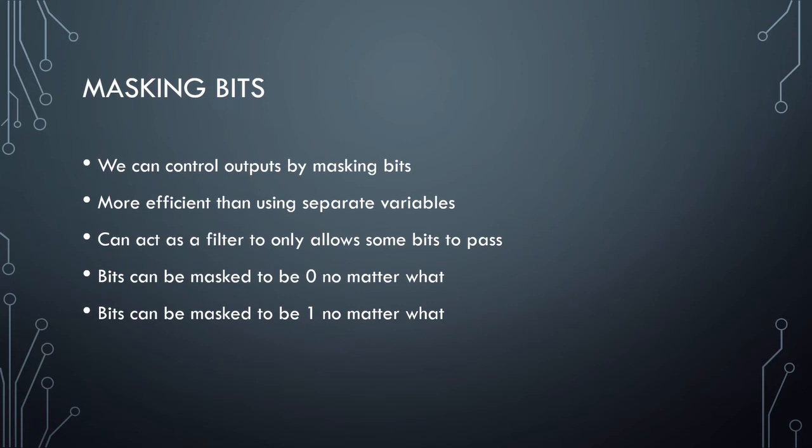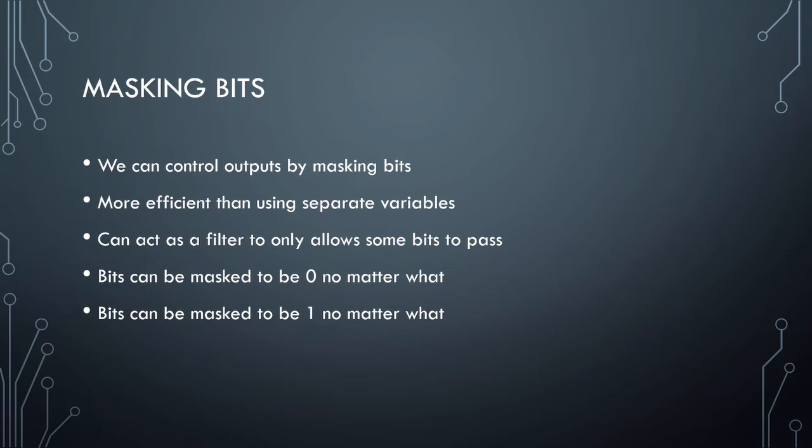We can use these logic operations performed on our different registers to mask or control different outputs. So masking is an efficient way that we can separate our variables. So if there is a variable or a certain part of a variable that we do not want to use, we can mask it off. Just like masking off a section of the wall when you're painting, you are not painting on that portion of the wall.